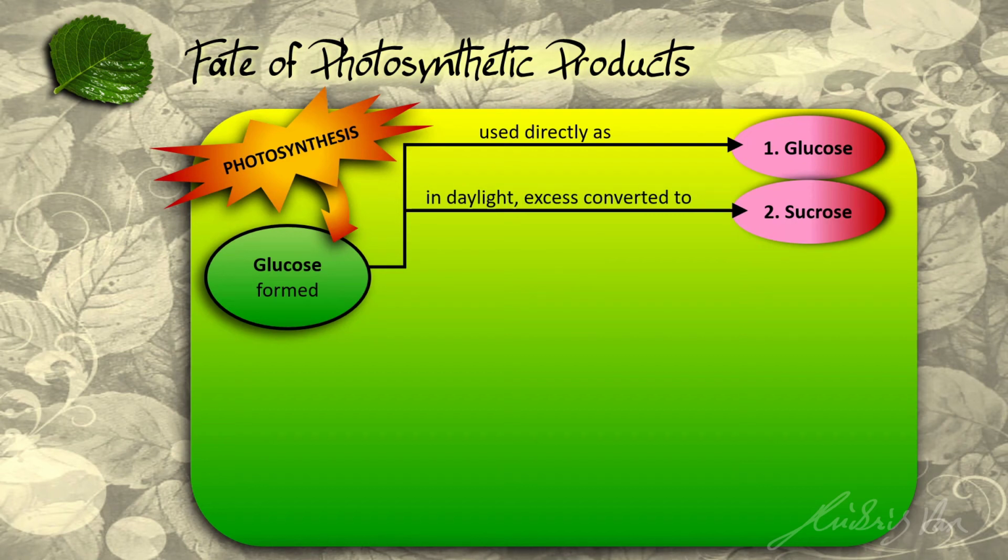So the plant will transport this sucrose to the organ whereby they store their food, and the sucrose is being converted into starch. Why they need to convert glucose into sucrose first is because sucrose is a non-reducing sugar, glucose is a reducing sugar. Glucose is basically more reactive than sucrose.